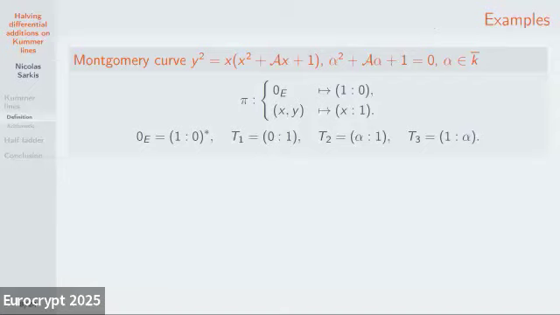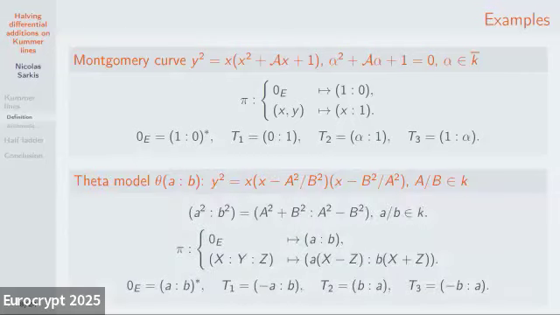The ramification points are the point at infinity and the solutions to the right-hand side polynomial equals 0. So you have x equals 0, which is a solution, and x equals alpha or x equals 1 over alpha, where alpha is a root of the second polynomial. Maybe not rational, but it doesn't matter. What matters is the shape of the ramification. You have this symmetry: if you switch x and z, you still have a ramification point. So this is one example.